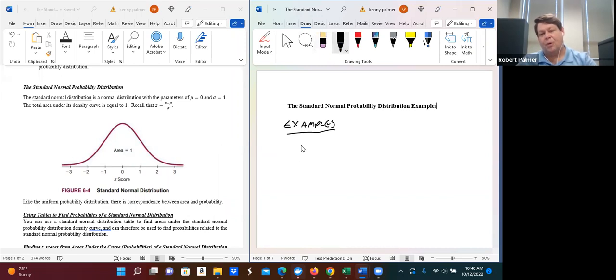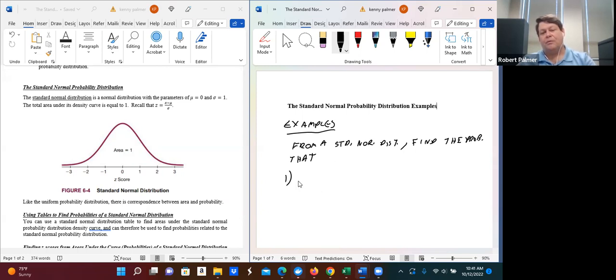So let's say from a standard normal distribution, let's abbreviate that, find the probability, and we'll start number one.